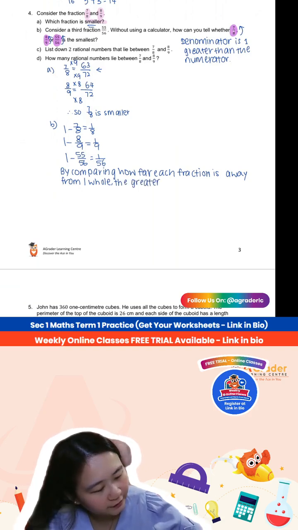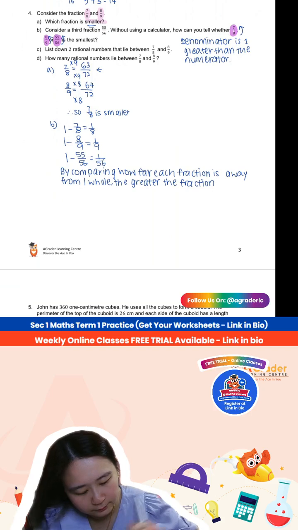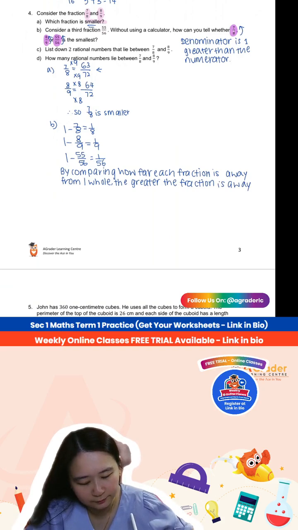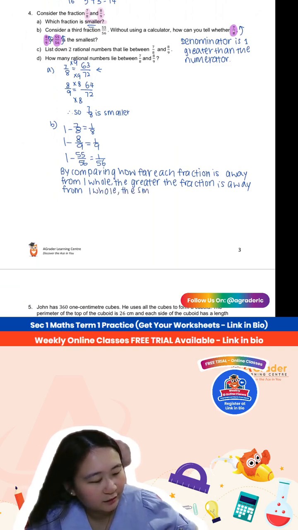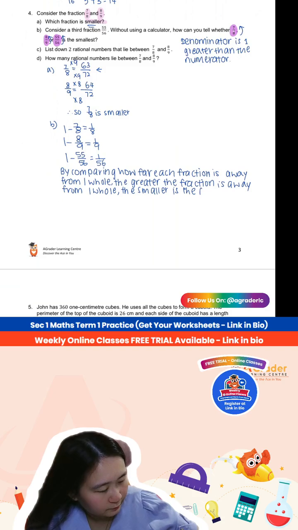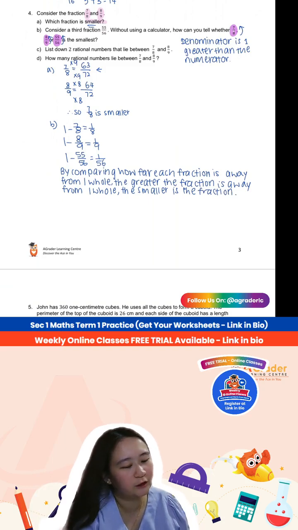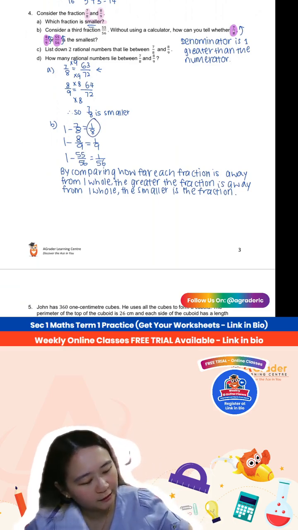The greater the distance away from one whole, it means the smaller is the fraction. So we look at which fraction is the greatest away from one whole. 1 over 8 will be the greatest, which means 7 over 8 is the smallest fraction.